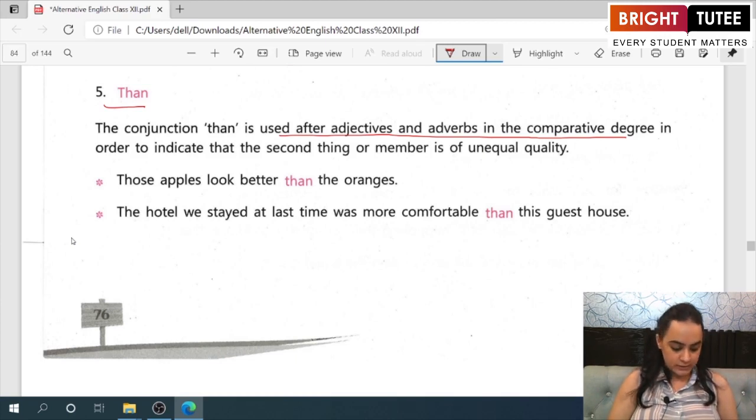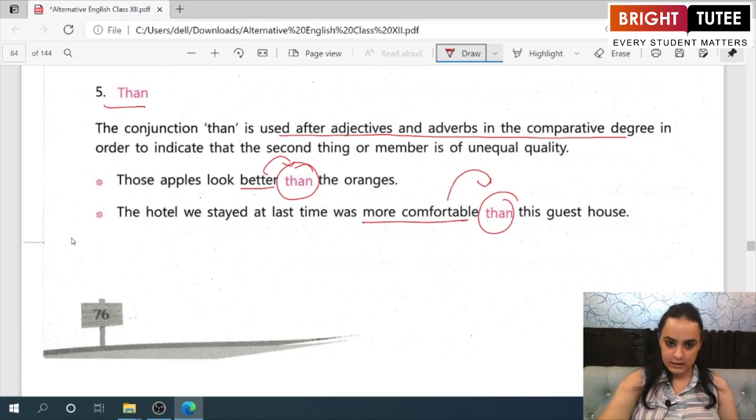Those apples will look better than the oranges. The hotel we stayed at last time was more comfortable than his guest house. So "better" is the comparative degree, we use "than" for it. "More comfortable" is the comparative degree, we use "than" for it.